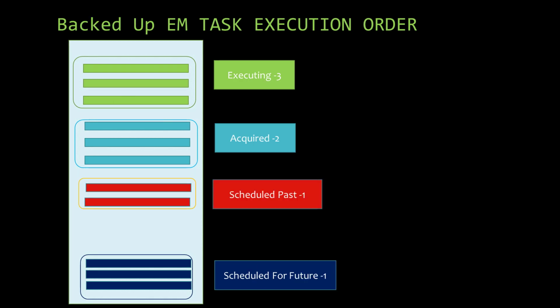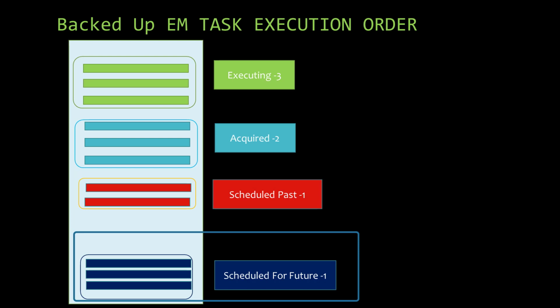Sometimes due to large load or some other issue, your event manager table may get a performance hit. So let's see how it works. As you can see, this is the asynchronous queue, and then you have scheduled for future. There's no problem with this.